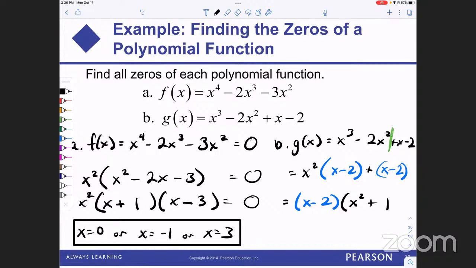If this were x squared minus 1, then we could factor that further. That would be the difference of two squares, but there is no sum of two squares property. So that just kind of persists as is.